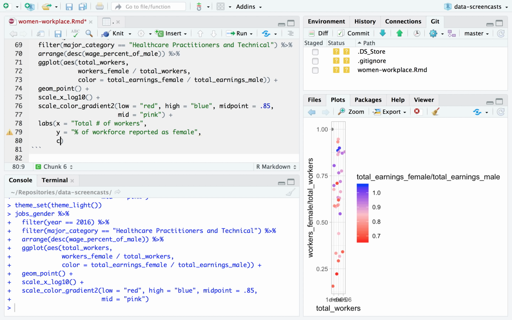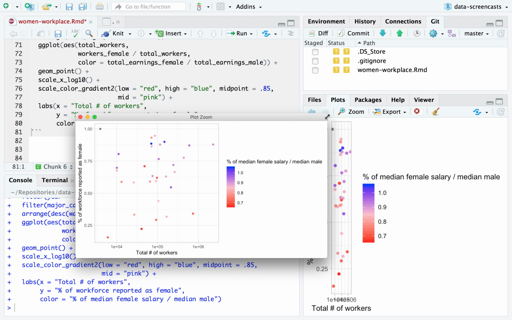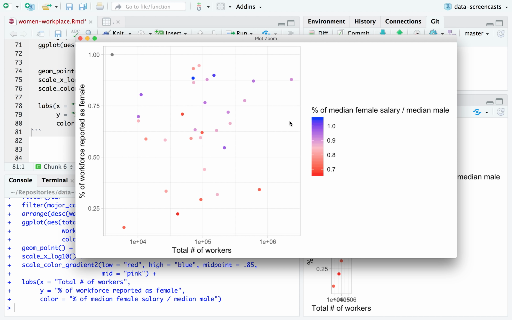And color is median. It's going to be long, I might need to change that axis.